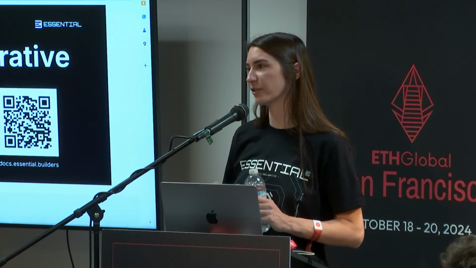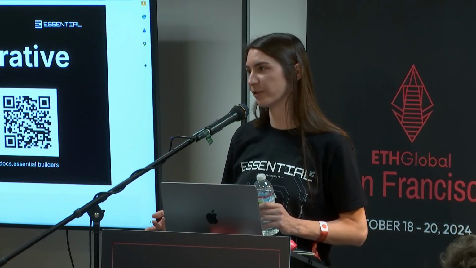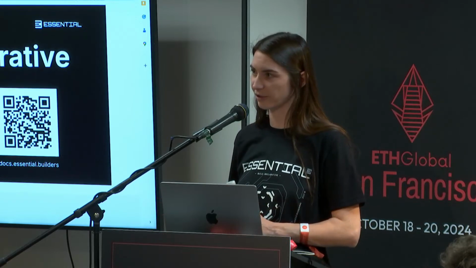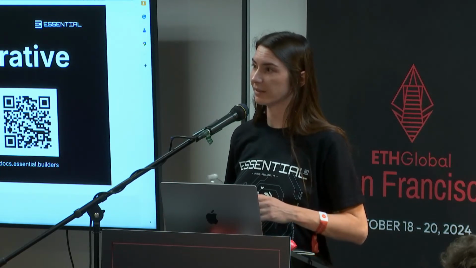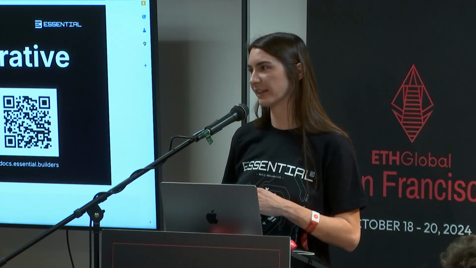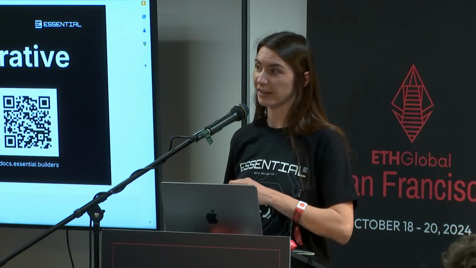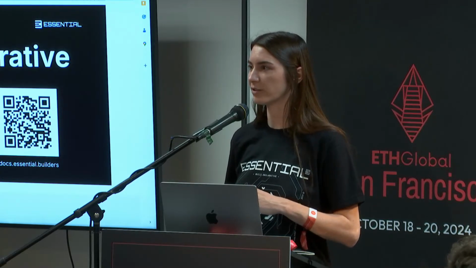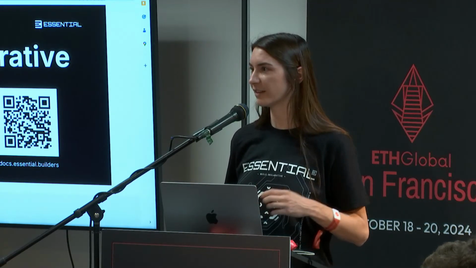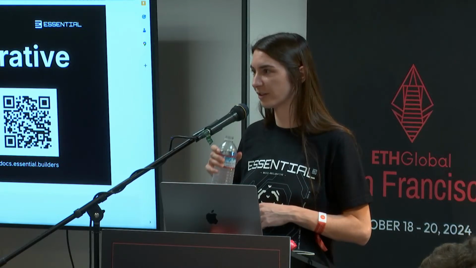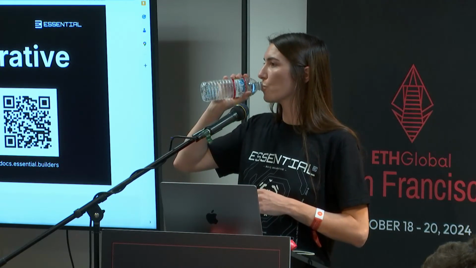But because solvers are all competing and the optimal solution for the user is the one that will get selected, there's a competitive market dynamic, almost like an auction, where solvers are incentivized to bid as much value back to the user as possible in order to avoid not being the winning solution.